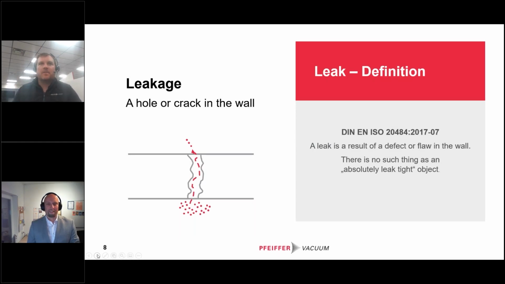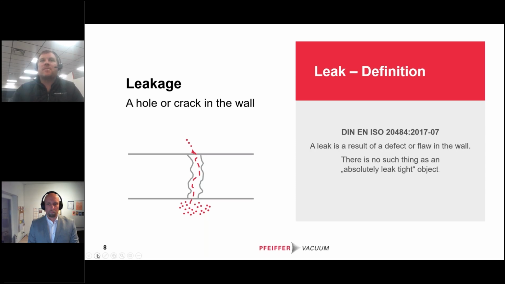So we'll start talking a little bit about what the causes of leakage are. Nothing is truly tight. Everything is going to leak something at some amount, given some pressure differential. The nature of a defect that will cause a leak could be very different. It could be a pinhole.